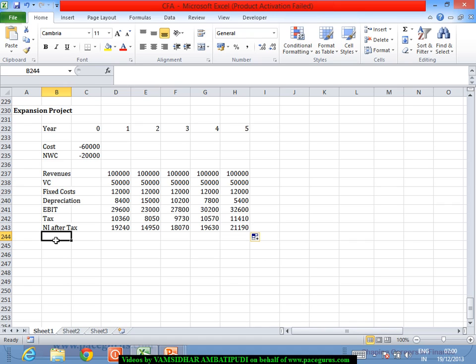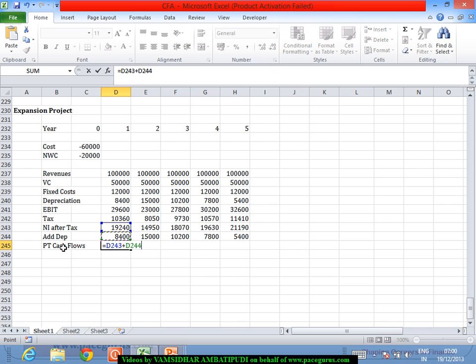So to get the cash flows, if I am adding back the depreciation of these numbers, so what are my post-tax cash flows? Both ways I can do. Post-tax operating cash flows only.